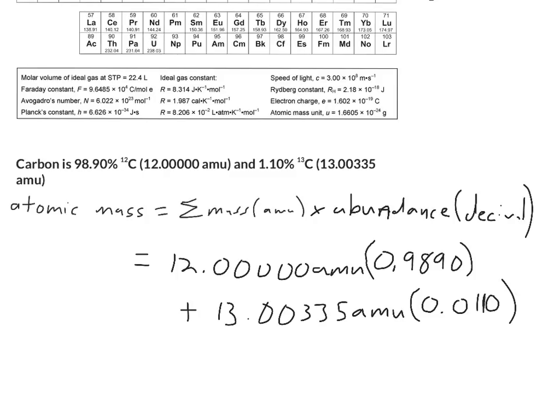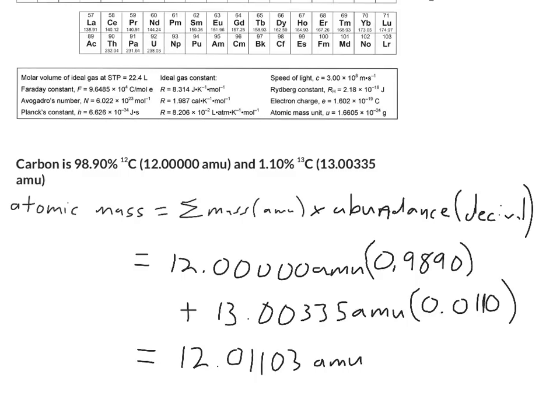If you do that math, you get 12.01103, writing more decimal places than is necessary.